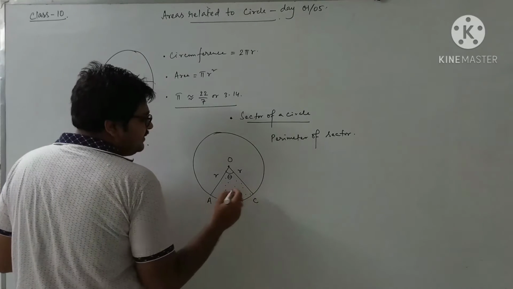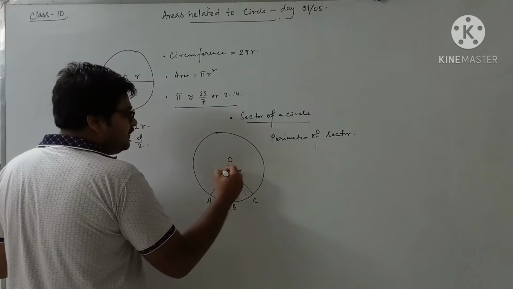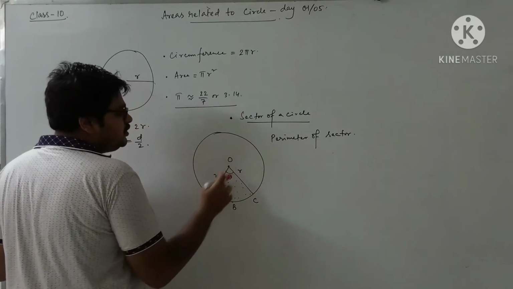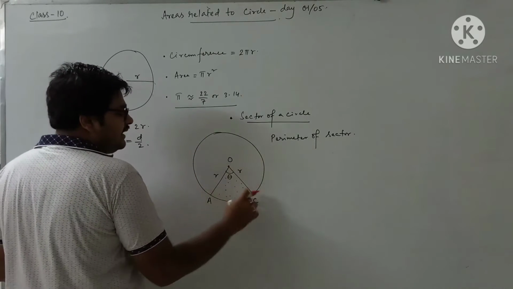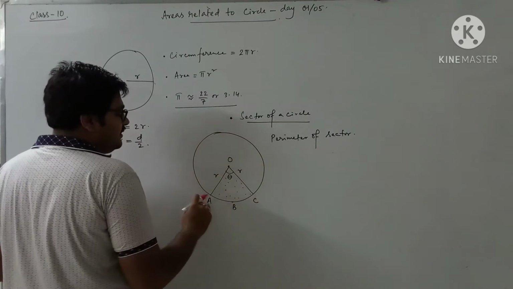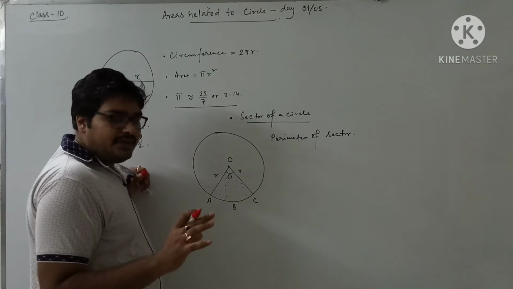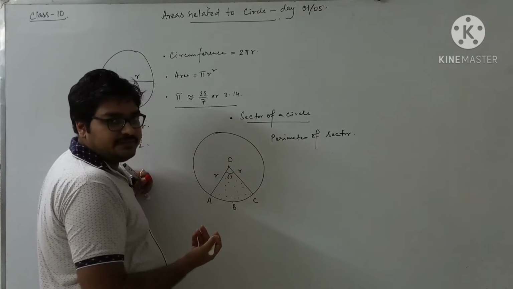One thing I can say here: as this sector is smaller with respect to this one, the other is called the major sector, because two radii and the corresponding arc can be taken either way. If you consider this bigger part, then this one will be the major sector, and if you take this smaller part, then this one will be the minor sector.